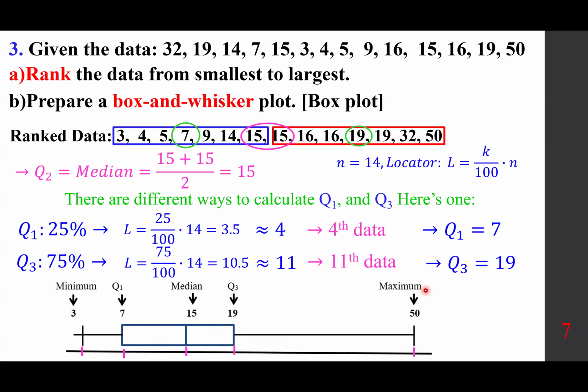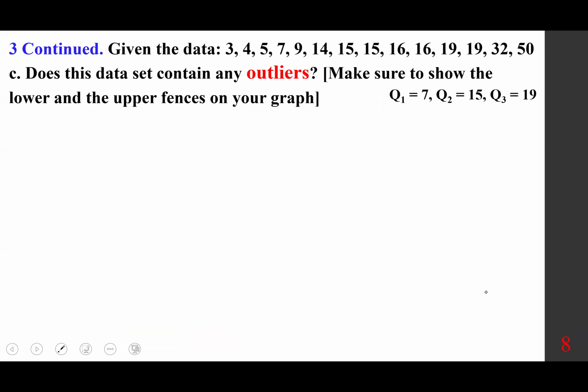And from the minimum, Q1, median, Q3, and maximum, we should be able to set up a box and whisker plot, back and forth. We're going to continue with the same question. The question is, does this data set contain any outlier?